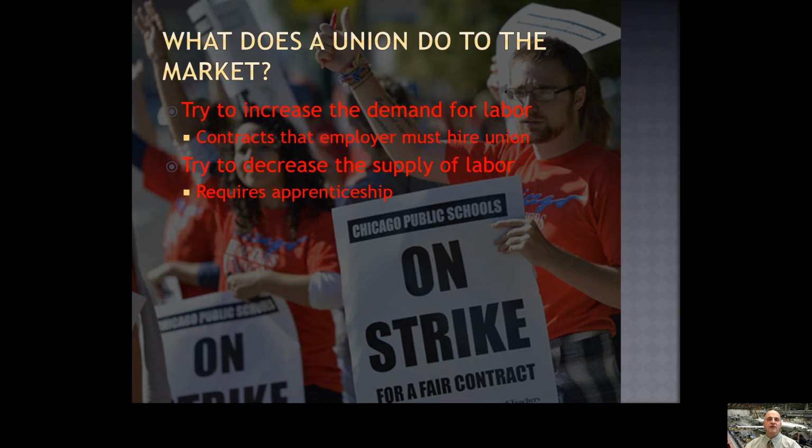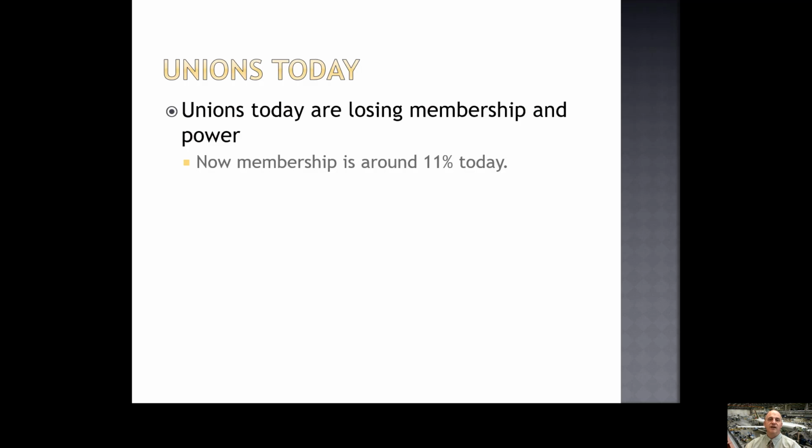These are cases where they'll tell the employers, if you want a quality carpenter to help build your house, you want to hire a union carpenter because they've been through an apprenticeship program, as opposed to just somebody walking off the street who says, yeah, I can pick up a hammer. So really what the union tries to do is to influence the labor market, and they have the power of the strike to try to negotiate these contracts.